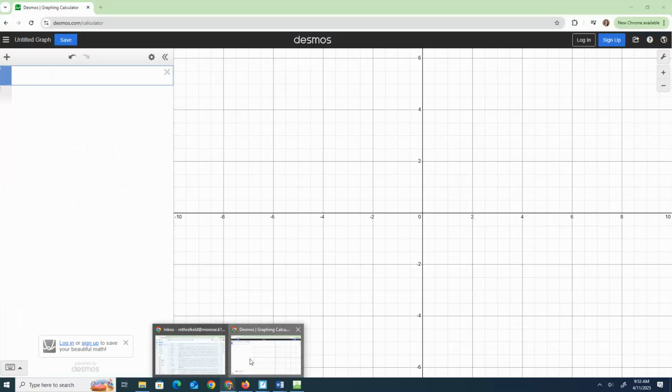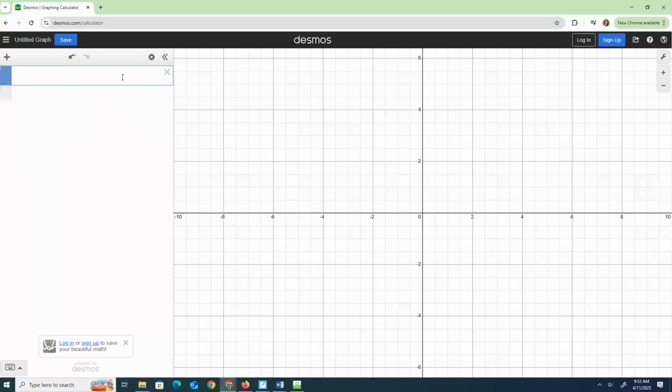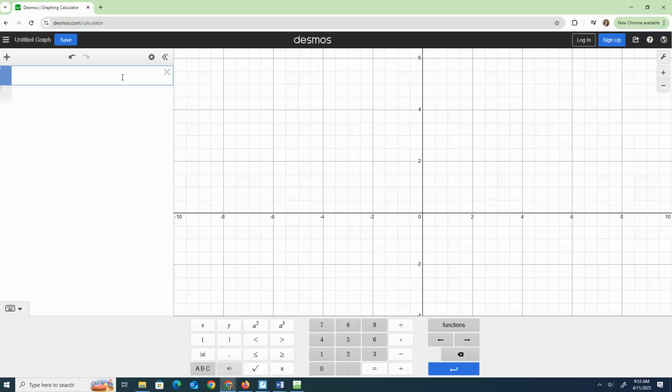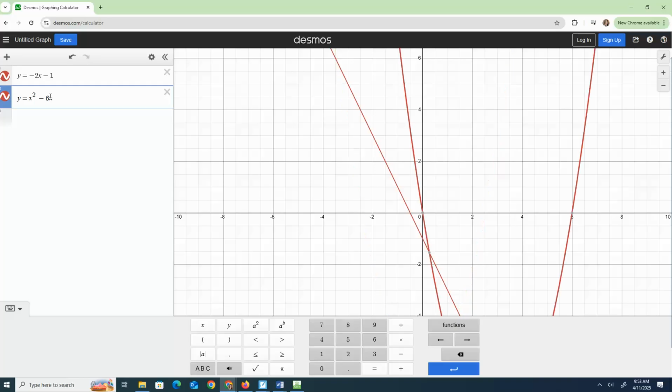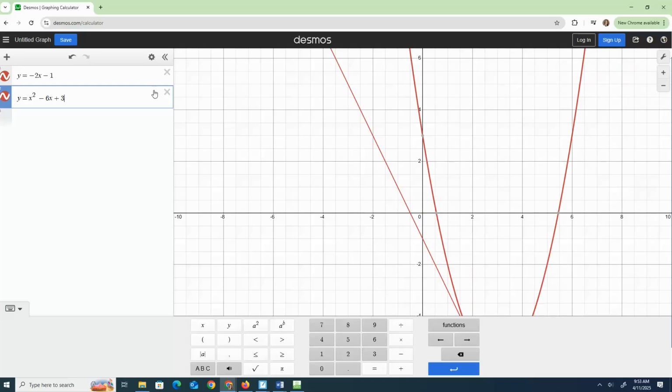So we've been using this the past couple days, and I'm going to type in the first equation, y equals negative 2x minus 1. And then my second equation, y equals x squared minus 6x plus 3.